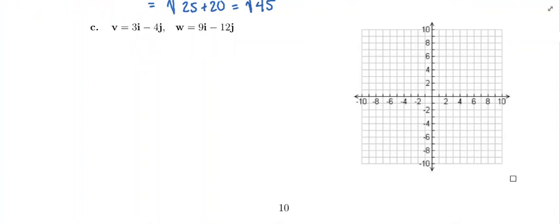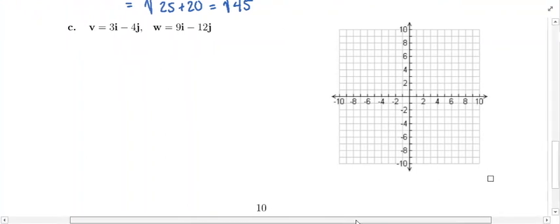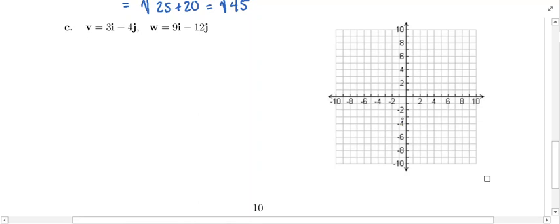We can go ahead and sketch out our vectors here, and then look at the angle between them. First we've got vector V, which is (3, -4). If I graph this, it has an initial point at the origin, and (3, -4) is the terminal point.